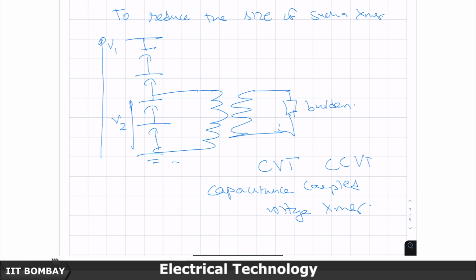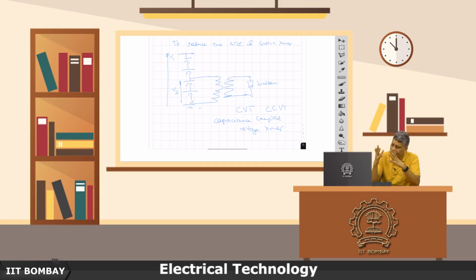These devices, their performance, are studied in much more detail in a protection course, where protection systems are meant to detect faults on the power system and isolate faulty equipment. They take their inputs, fault currents and voltages, from these instrument transformers. So, their performance plays a critical role in defining the performance of the protection system.